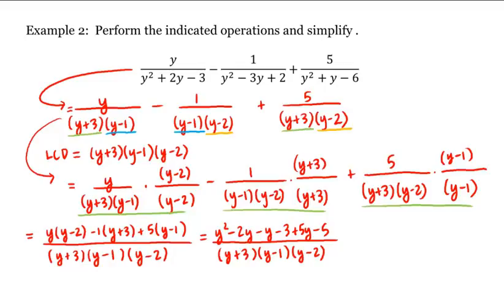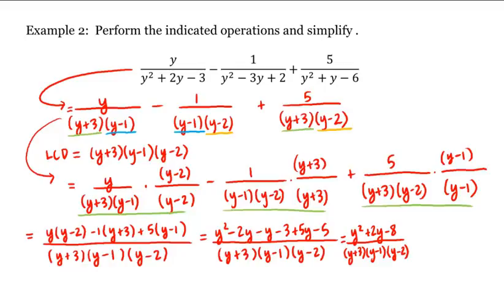And now combining like terms in the numerator, we have y squared, and then we have minus 2y minus y, which is negative 3y, plus 5y, which is positive 2y, and then negative 3 minus 5 is negative 8, divided by this y plus 3 times y minus 1 times y minus 2.